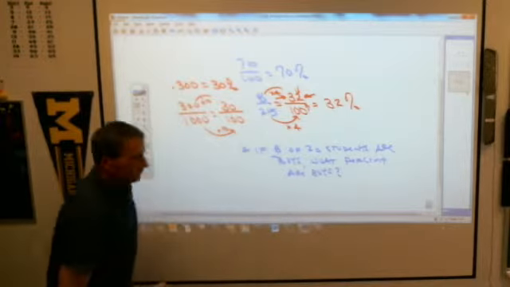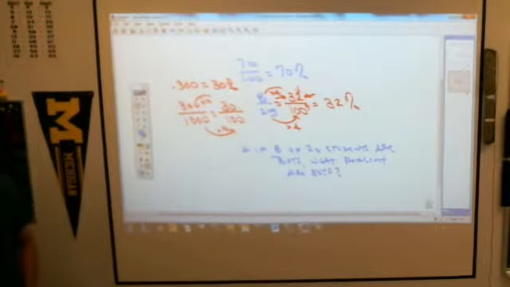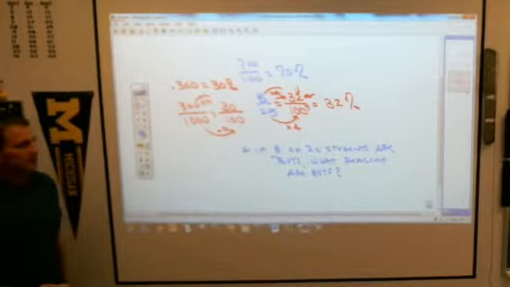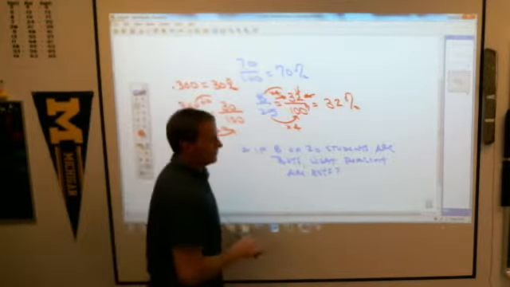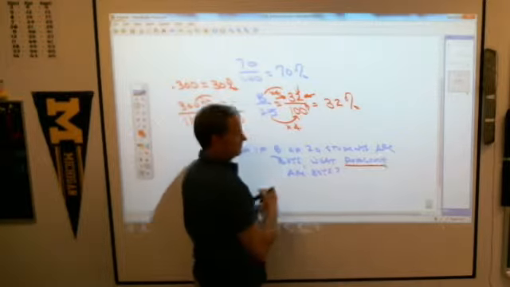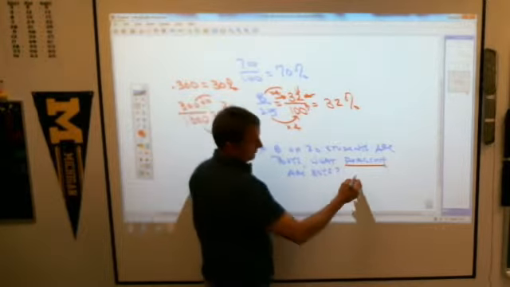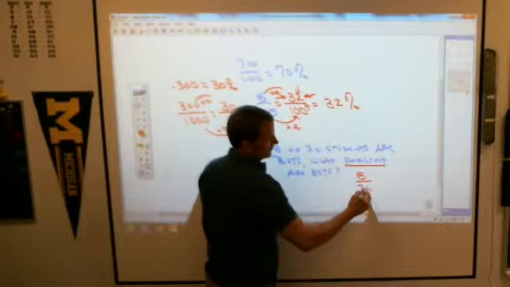And it's always good, if you can change something to a fraction, you can change it to a percent. So if you don't know the answer to this whole percent thing, think about it as a fraction. What fraction of the students are boys? Well, 8 out of 20, that's your fraction.